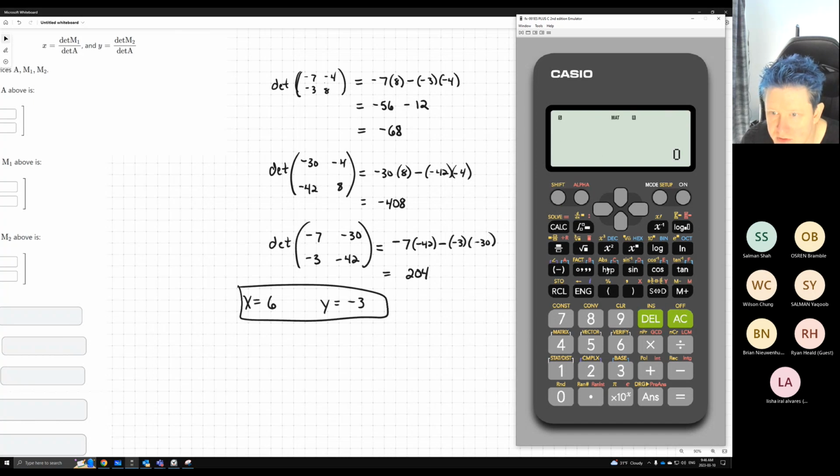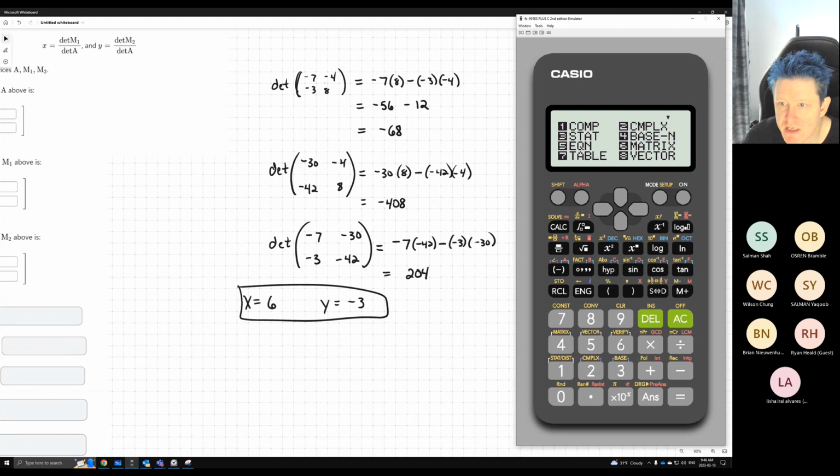Let me just try something right here. Oh, there it was. Okay, so shift matrix. I think what happened is I have to exit out of the matrix mode.